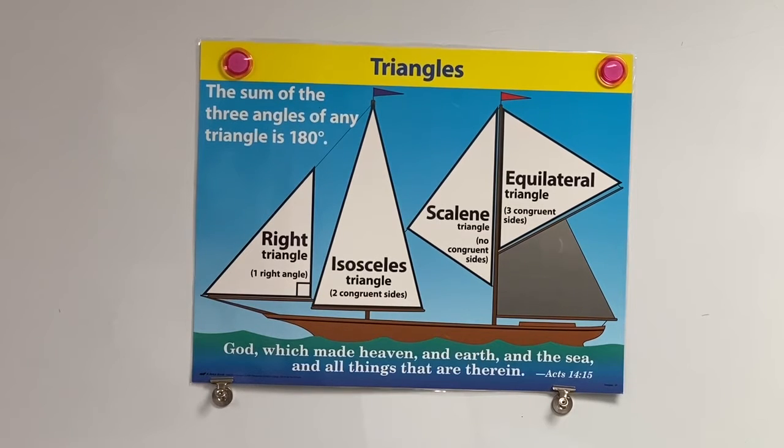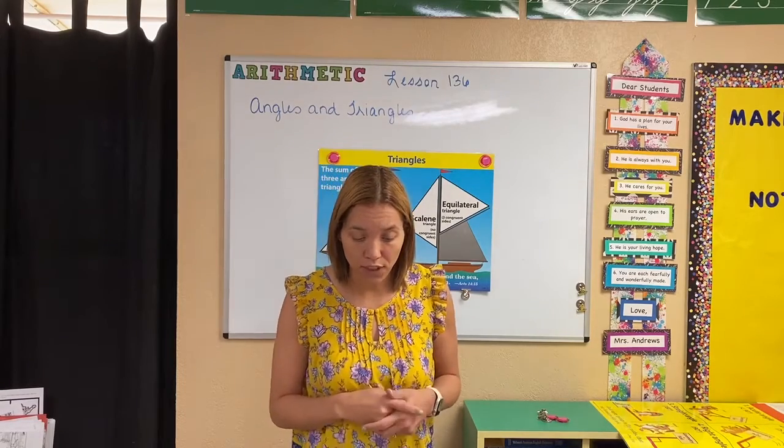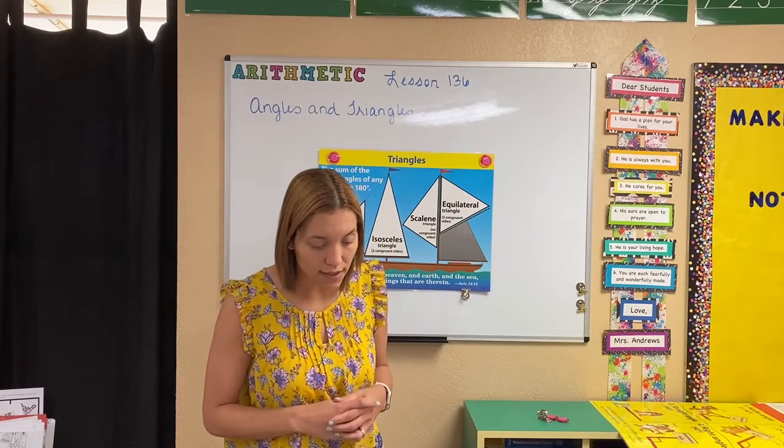And the equilateral triangle has three congruent sides, meaning that the three sides measure the same thing. And again, when you add up all the sides of the triangle, it needs to add up to a sum of 180.